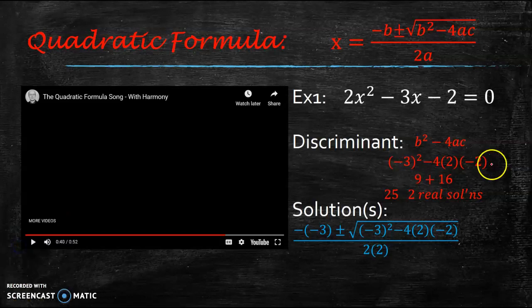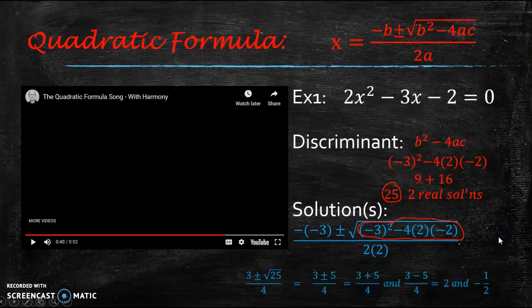Now, the good thing about finding your discriminant is that this right here is our discriminant. We've already found that. It is 25. So at this point, we're going to plug in that 25 for everything under that square root. So then we have 3 plus or minus the square root of 25 over 4.